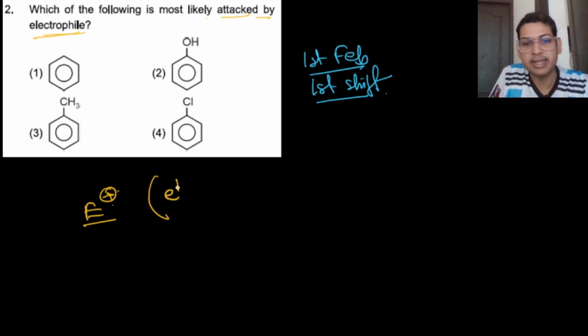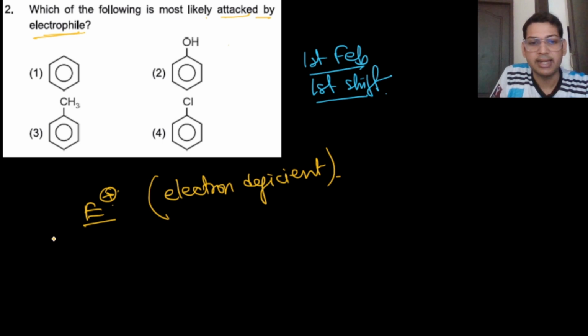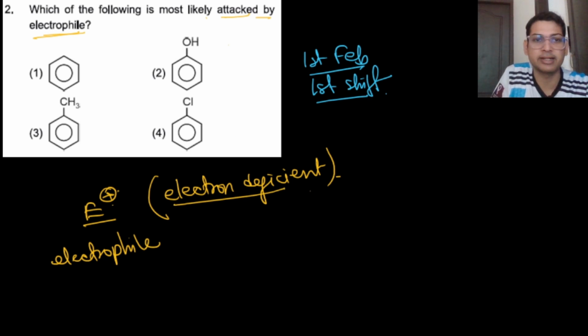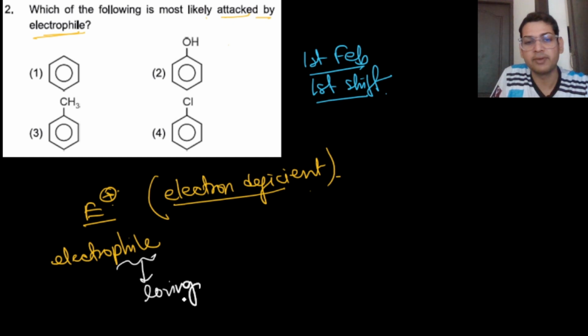Because it is electron deficient. So can I say that electrophiles are electron deficient? Yes, definitely. And phile means loving, so electrophile means it loves electrons.